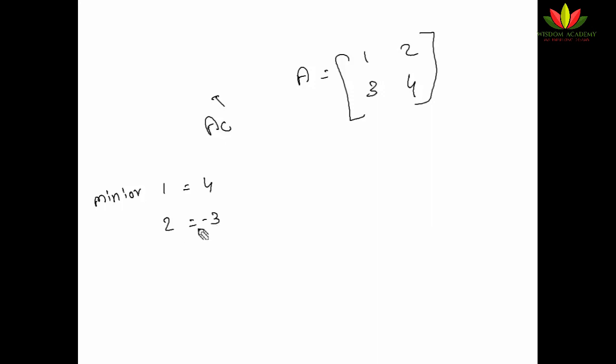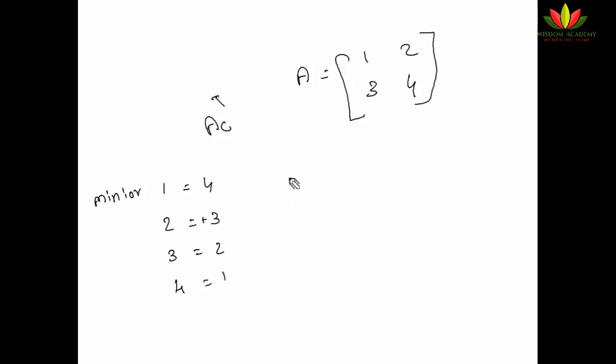If I am having a matrix, you know how to find the cofactor matrix, right? So first I will find the minor. Now you know the importance of minor. Minor is the basic operation for everything: for finding cofactor, adjoint, determinant. So minor of 1 will be 4 here, minor of 2 will be 3, minor of 3 will be 2, and minor of 4 will be 1.